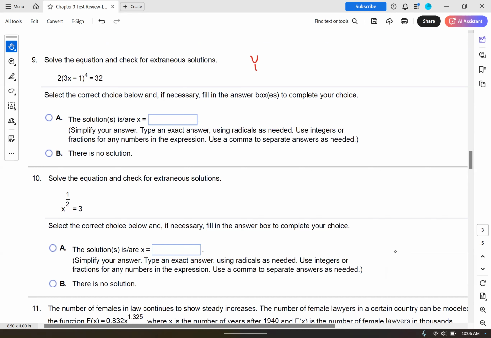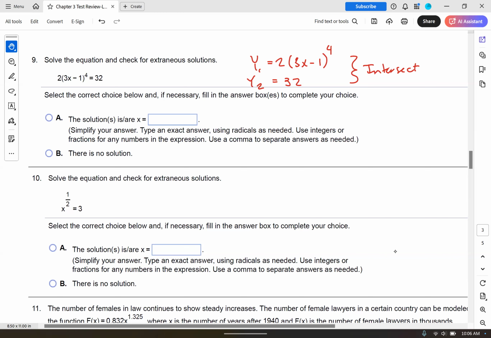So you could type in y1 the 2 times (3x minus 1) to the 4th, and in the y2, you could type the 32, and that would work perfectly well. And then you look where they intersect. And they're going to intersect in more than one place, by the way. So that is one way to do it. We're going to do that in just a minute. I like that idea.